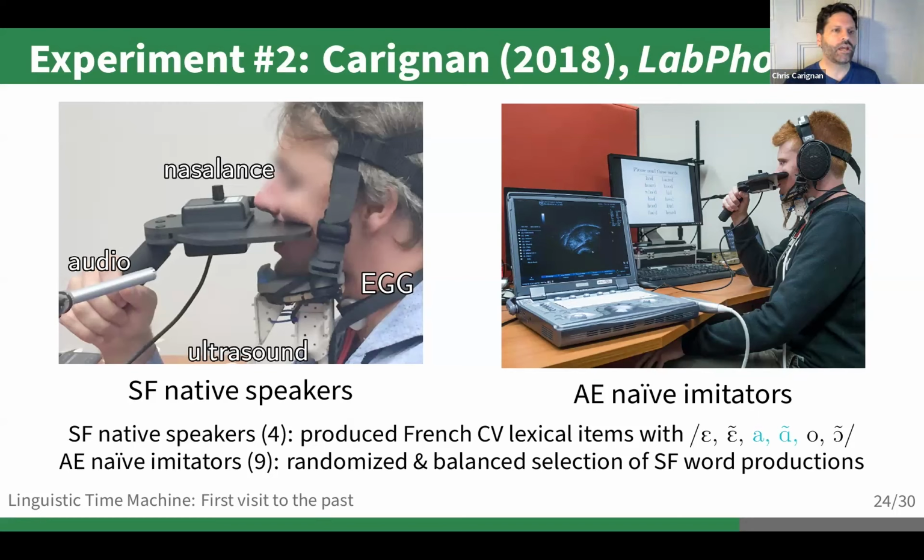So for this low vowel pair, I'm especially interested in how these imitators, when they were asked to imitate as closely as possible what they heard, what is the relationship between their tongue position, their degree of nasalization, and importantly, F1 in comparison to the French speakers?